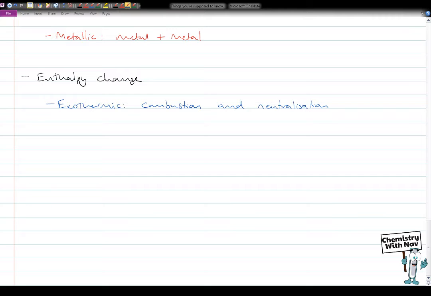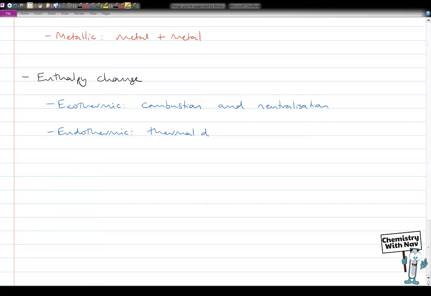So whenever you have an acid and an alkali coming together in solution, there is an exothermic reaction. And the enthalpy change of neutralization is the enthalpy change when 1 mole of water is formed in the reaction between an acid and an alkali at standard conditions. For endothermic reactions, there are far fewer of these, so trying to remember a couple of examples is useful.